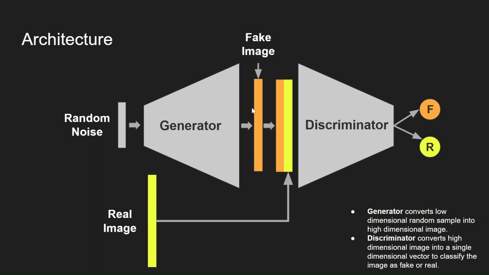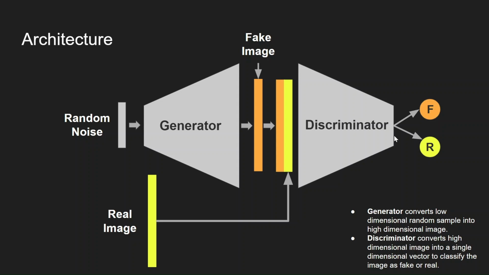We are going to concatenate these fake images and real images in order to create a data set of mixed images. Some of them will be fake, some of them will be real. Then we are going to give that data set as an input to the discriminator in order to let the discriminator differentiate between real and fake images. The output from the discriminator is going to be either 0 or 1. 0 means it's a fake image, F for fake, and 1 means R, or real image.